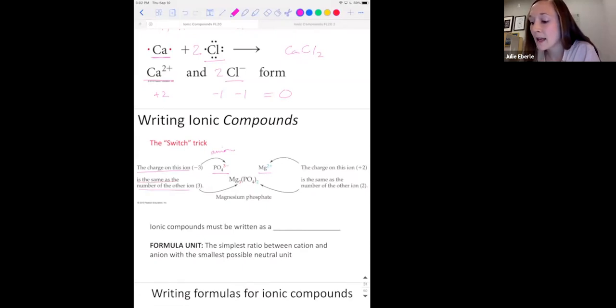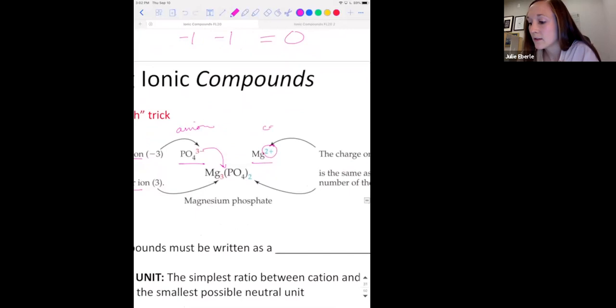That's how many cations we need in our compound to be charge neutral. The number on the charge of our cation tells us how many anions we need, okay? That's how many anions we need in our compound. So you just look at the charges and then you switch those when you write the subscripts for your compound.